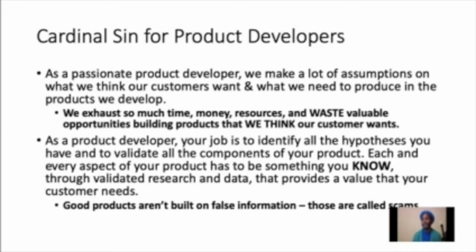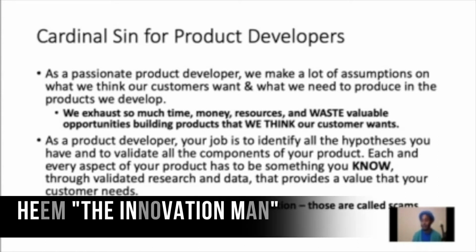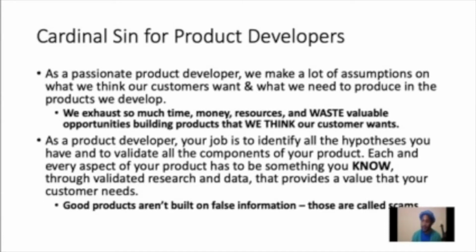The only way to get factual data is to conduct research so that we can gather information that provides us data on the hypotheses that we set. All of that to say, in the beginning as product developers, our job is to set a hypothesis. As we set that hypothesis and develop a minimum viable product, we have to validate these hypotheses with our customers.